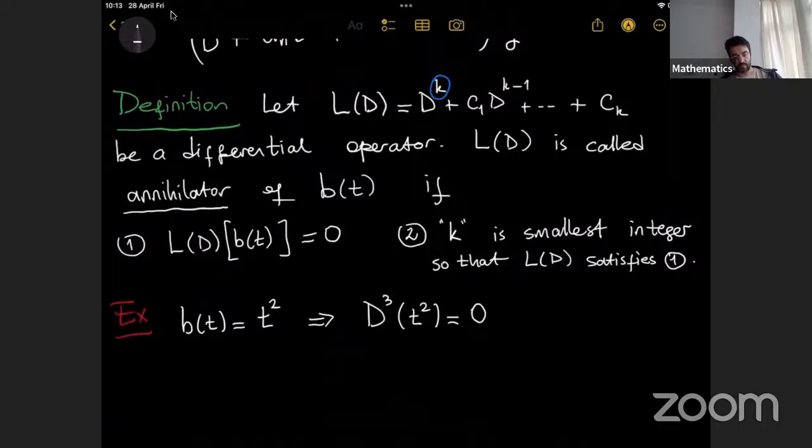So this tells you basically D cubed is the annihilator of t squared.